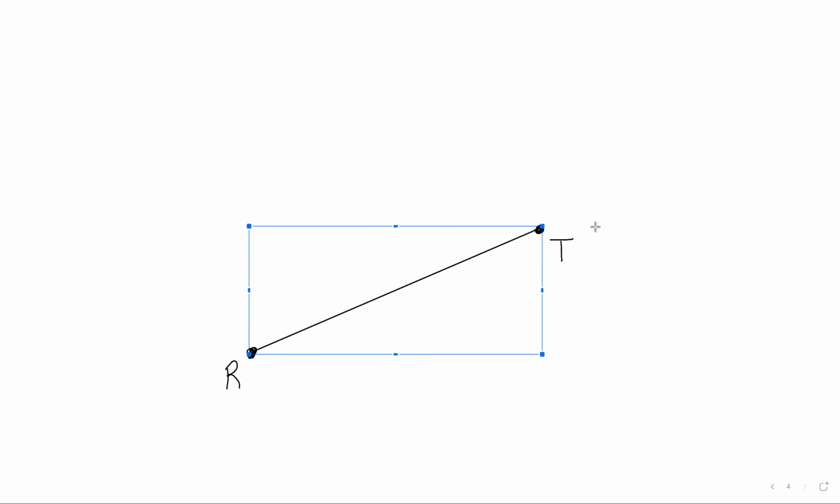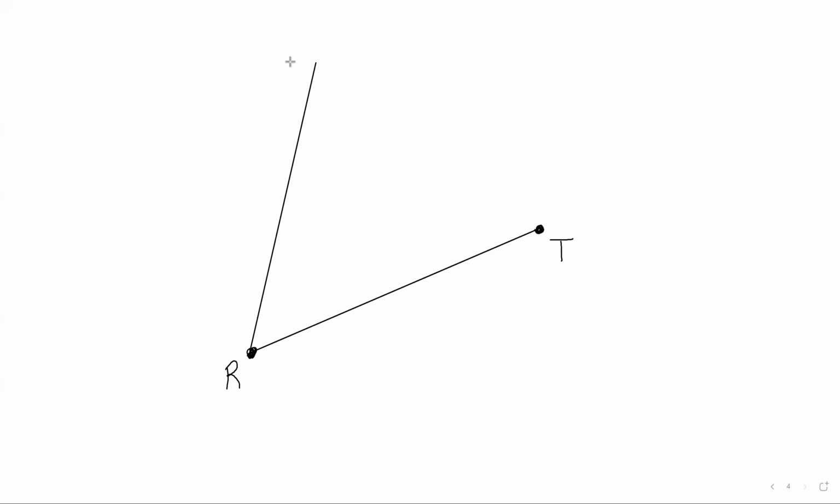If I want to figure out... actually, never mind. Scratch this. Let's remove S and just look at T and R. Let's say we have a line already connecting R to T, and suppose this is a triangle.